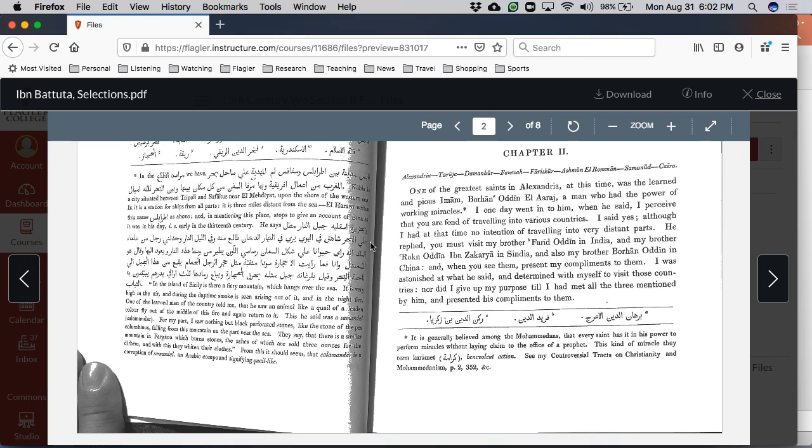And this is east, because we know that all maps have east on the top. So they did in the pre-modern world. That's what we say to orient oneself, to find up on a map. Because orient means, if you go to Latin, what does orient mean? East. You find east.